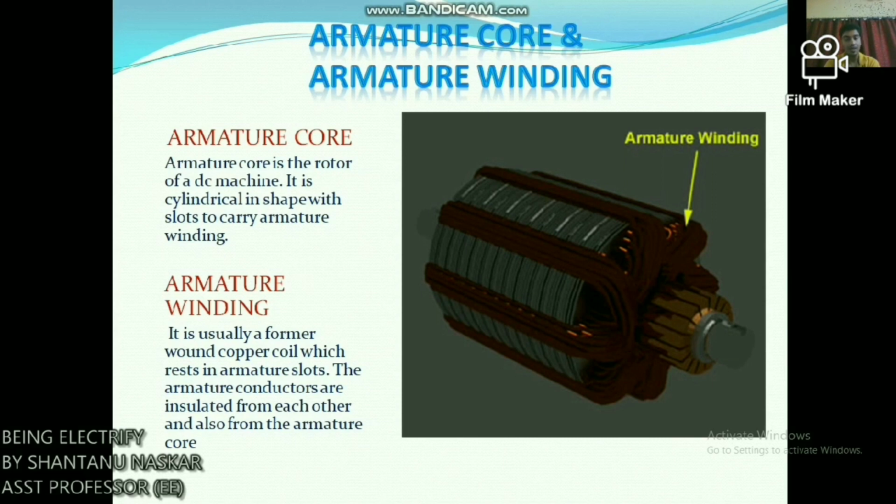Armature winding can be wound by one of the two methods, lap winding or wave winding. In our next class, I will discuss lap winding and wave winding. Double layer lap or wave winding are generally used. A double layer winding means that each armature slot will carry two different coils.